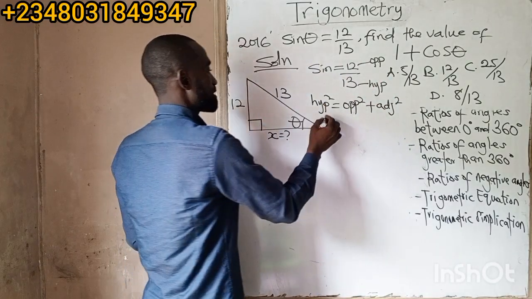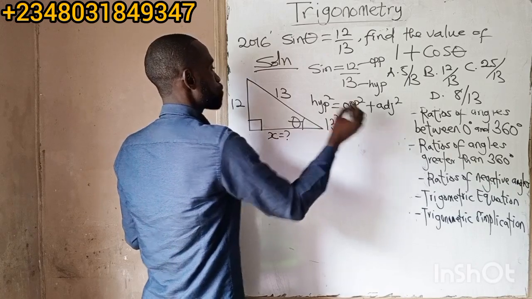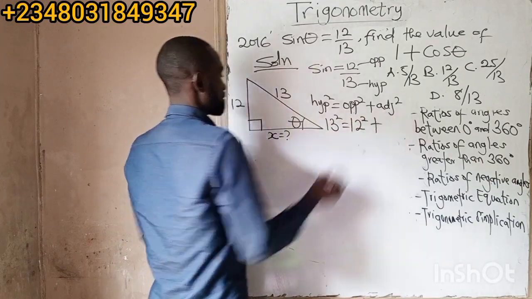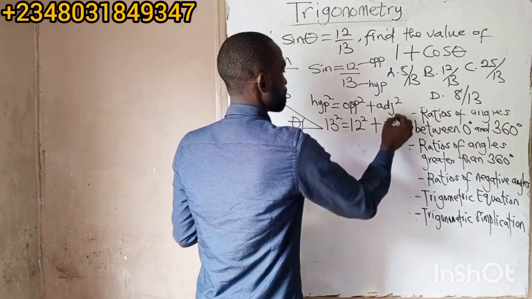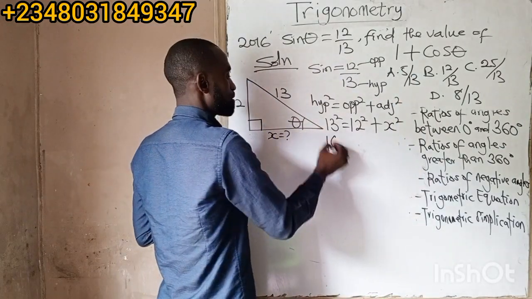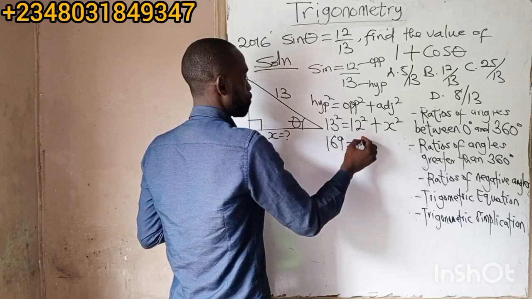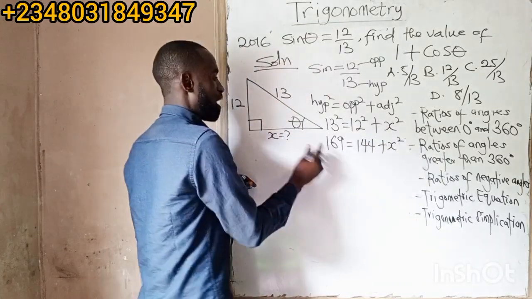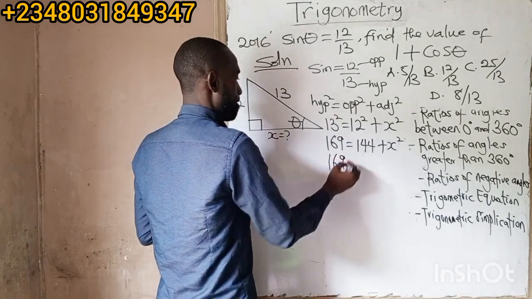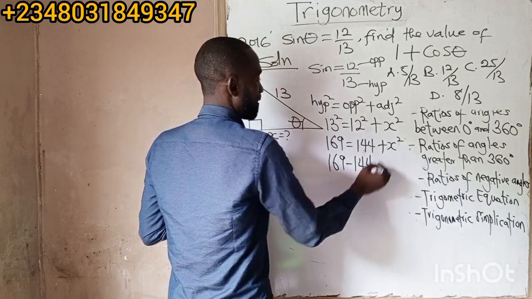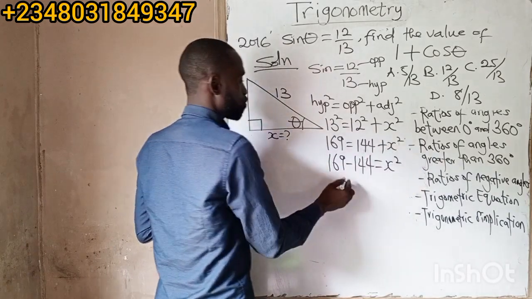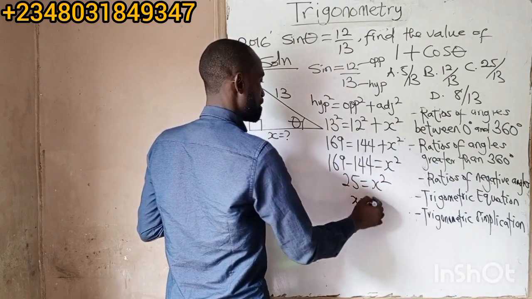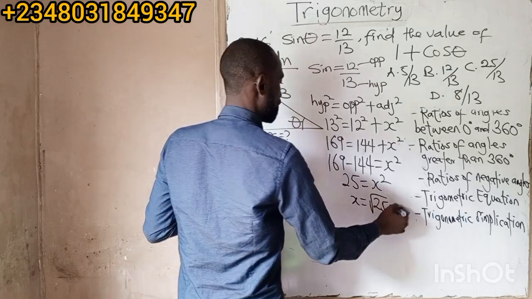Where is the hypotenuse? 13 all squared equals opposite, 12 all squared, plus s all squared. What is this? 169 equals 144 plus s all squared. Collecting like terms, we have 169 minus 144 equals s all squared. So this will be 25 equals s all squared. Our s will now be the root of 25.